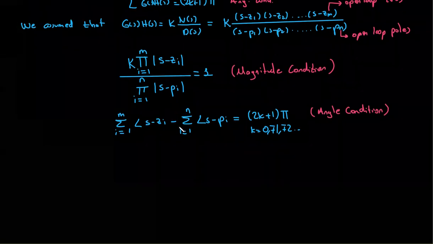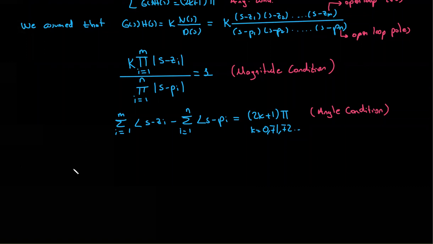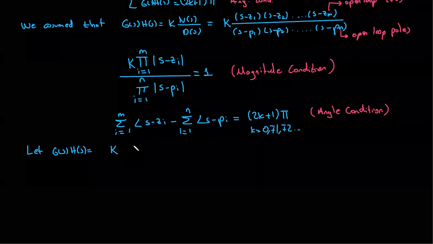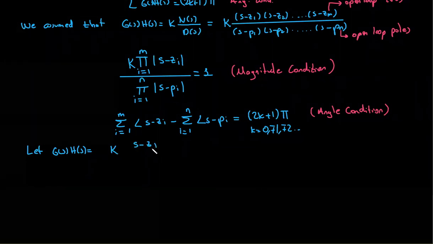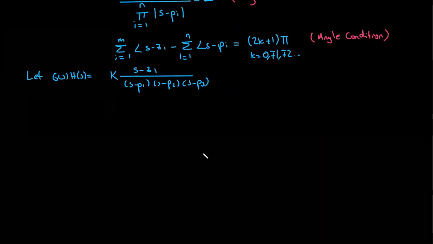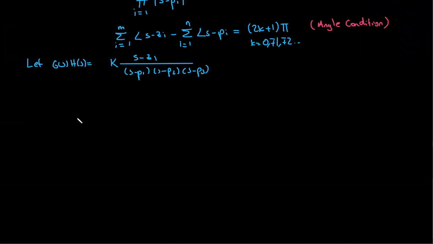Let our open loop transfer function g of s be simply k times (s minus z1), divided by (s minus p1) times (s minus p2) times (s minus p3). Suppose these pole locations are somewhere over here.